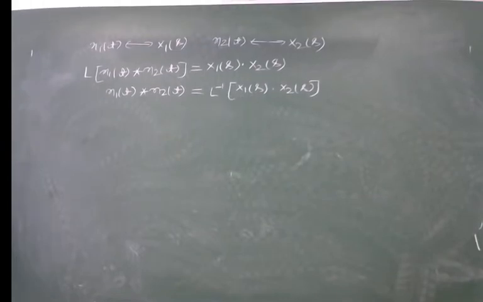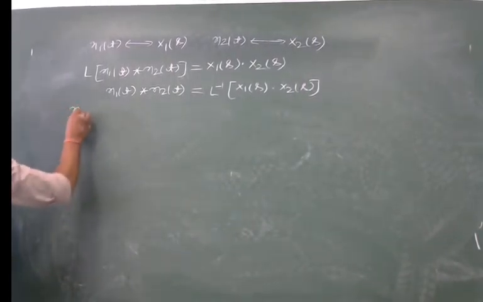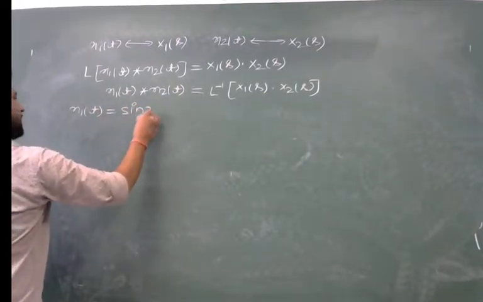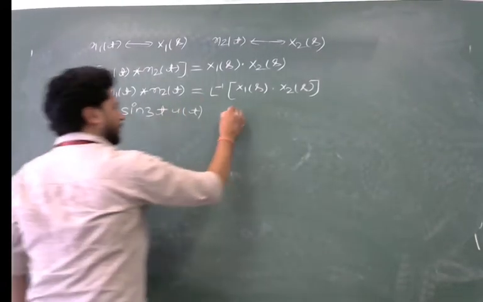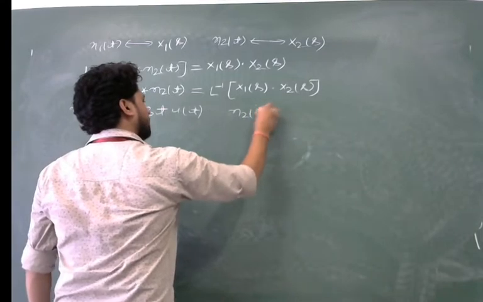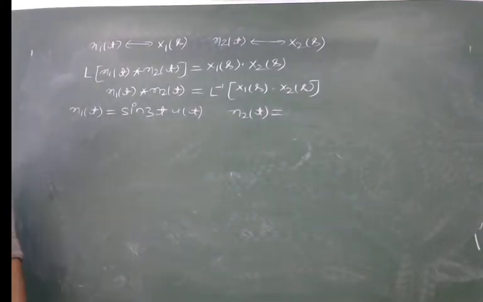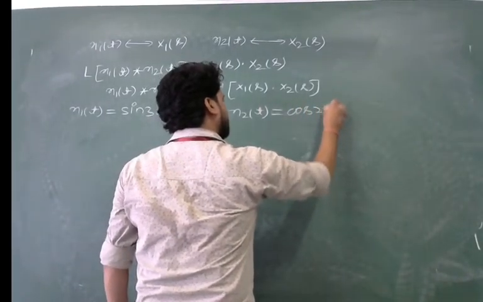So in this context, the first signal x1 of t is given as sine of 3t u(t), and x2 of t is equal to cos of 2t u(t).